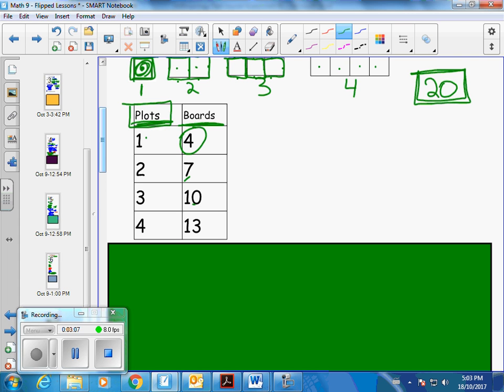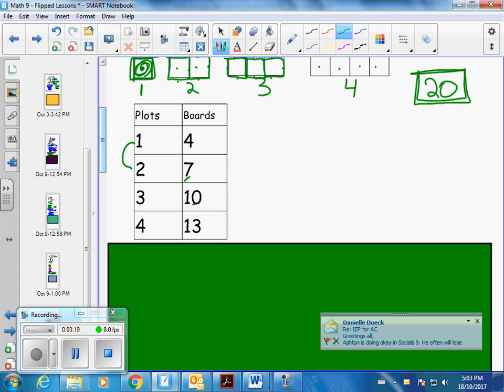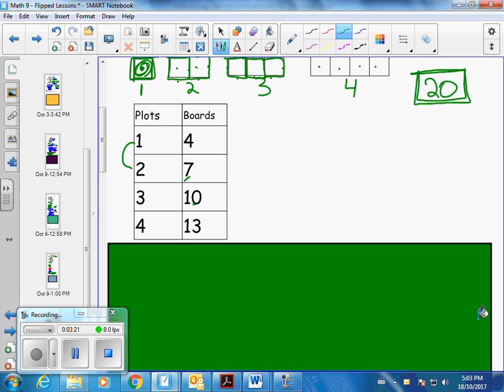So what we have to do is look at the relationship between some of the numbers here. If I'm looking at my plots, I have to look at what's happening to my number of plots. If I go from 1 to 2, this is plus 1 plot. From 2 to 3, plus 1. From 3 to 4, plus 1 as well.